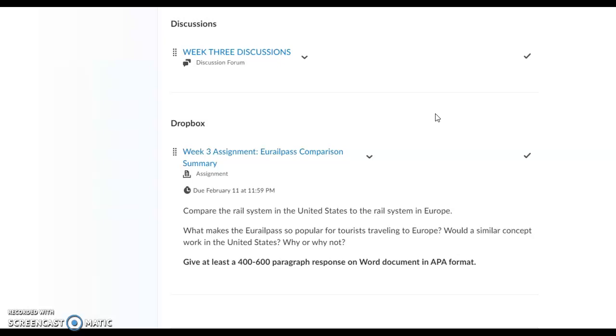I'm going to include the website where you can research the Eurail pass, and then based upon your research, give me a 400 to 600 word paragraph response.